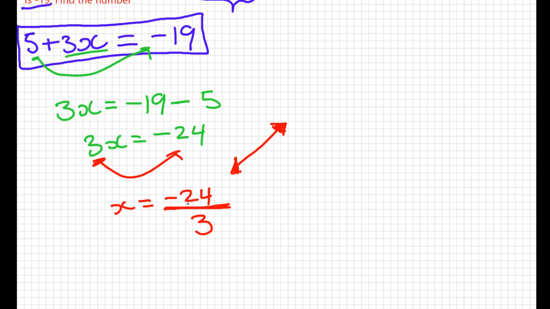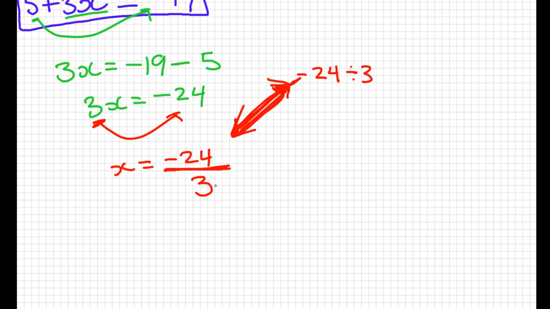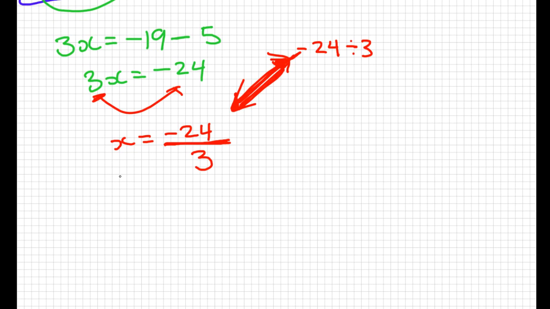So that minus 24 over 3, written as a fraction, is the same thing as minus 24 divided by 3. They're the same thing, okay? But writing it as a fraction will be helpful eventually, I promise. So we can evaluate this. X equals minus 24 over 3, which equals minus 8, sorry. There's your answer. So that was step 3 to solve the equation.